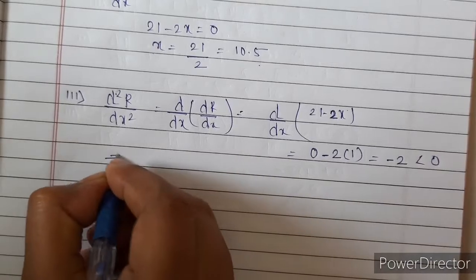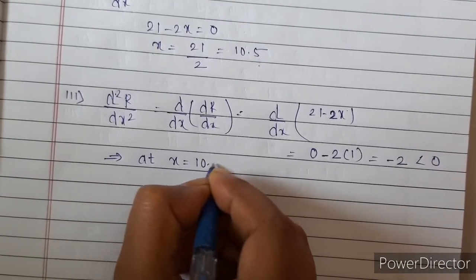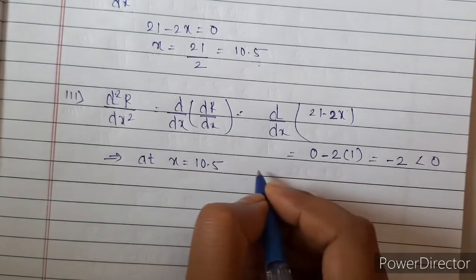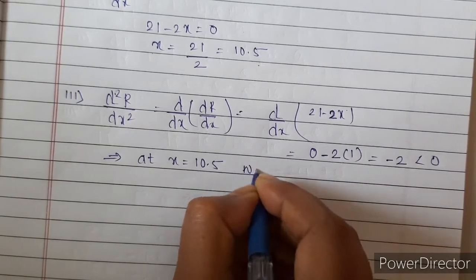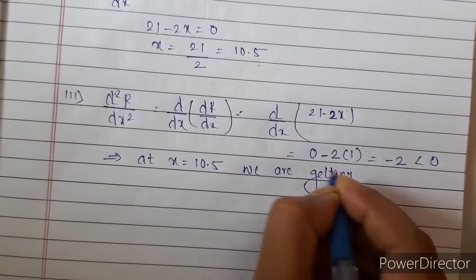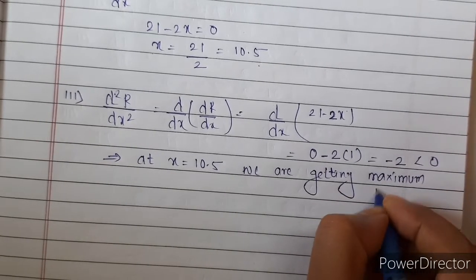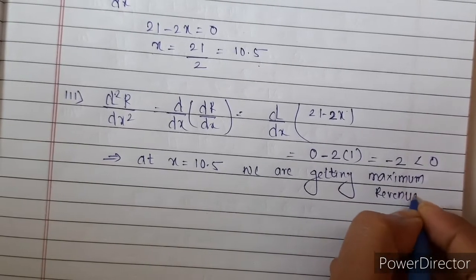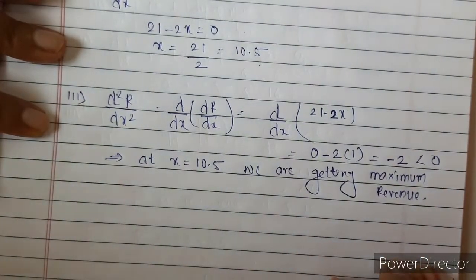This implies that at x equals to 10.5 we are getting maximum revenue. Okay, so we are getting maximum revenue at output 10.5.